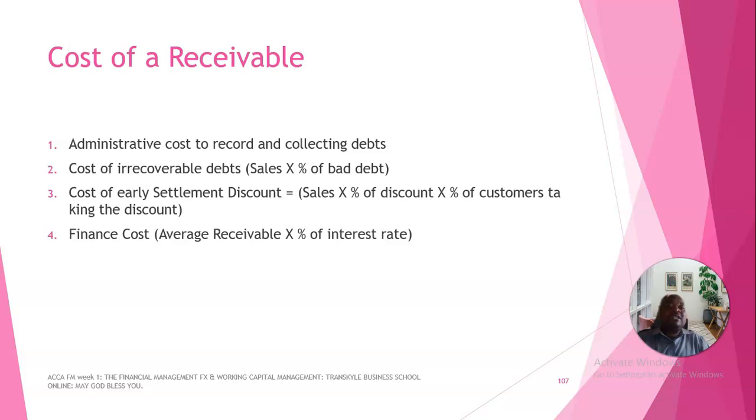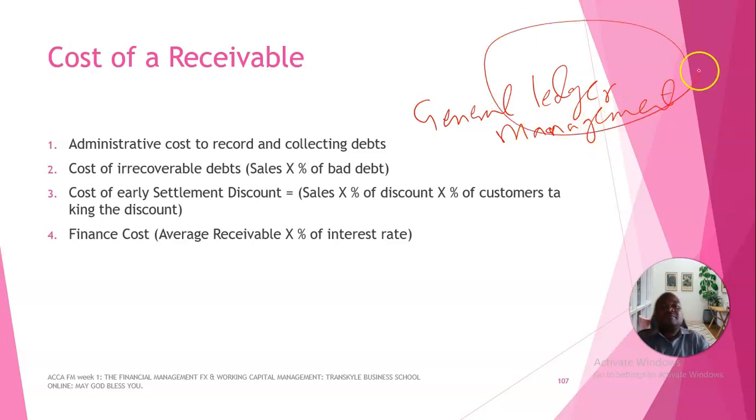There is what is called an administrative cost to record and collect the debts, the general ledger management costs, or ledger fees. It's very strenuous to manage those receivables. So somebody has to be paid, either the credit controller or the accountant. Somebody has to be paid.